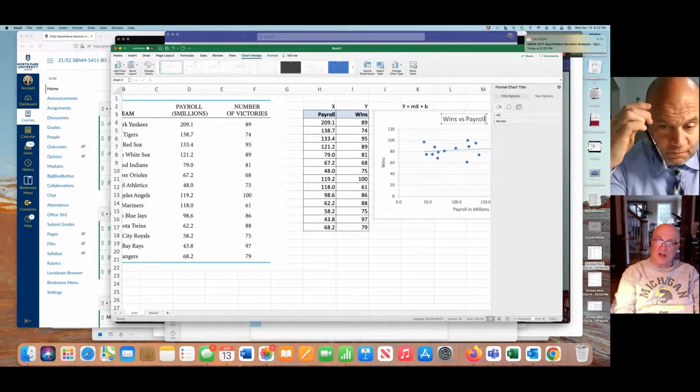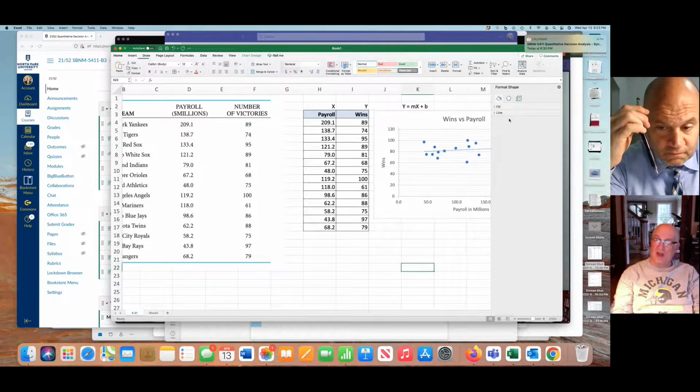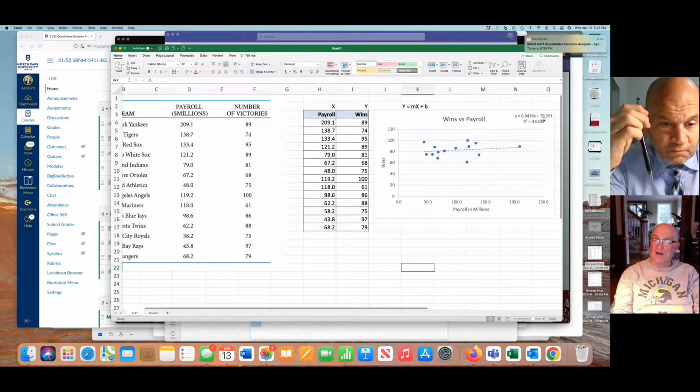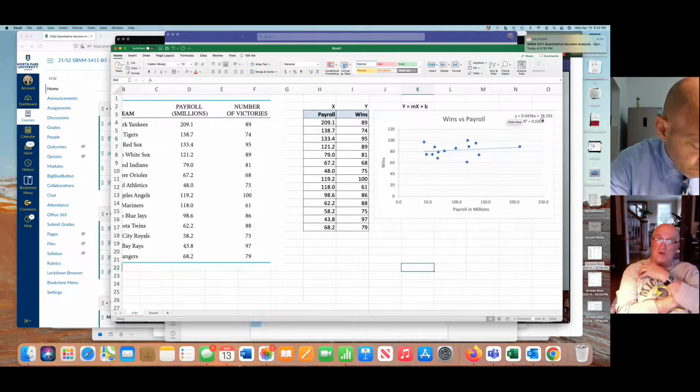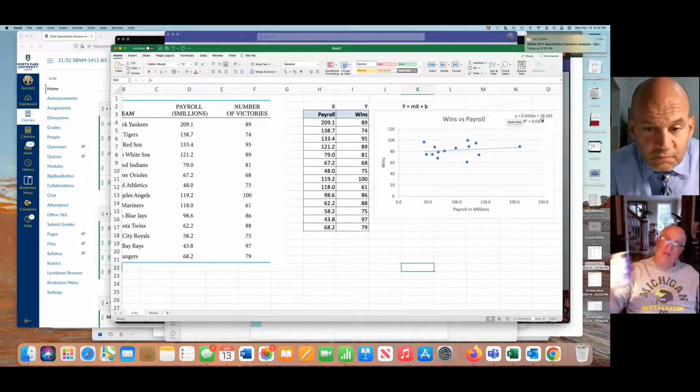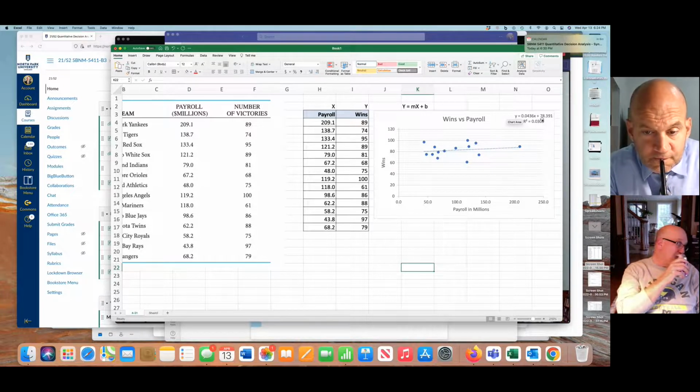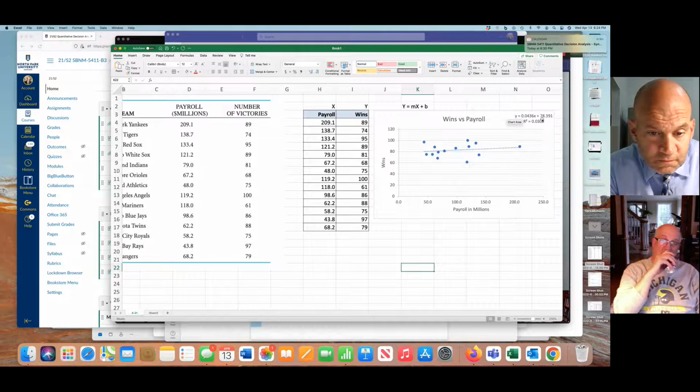And it tells me now that my equation here is I multiply the payroll times 0.0436 and add 78 to it. Basically, if I had 0 payroll, you'd expect to get 78 wins. Now, sometimes the y-intercept means something, sometimes it doesn't. In this case, it doesn't.